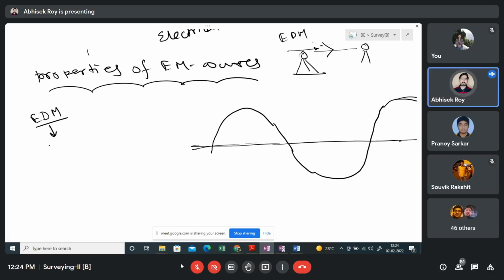So we have to know the properties of electromagnetic waves before we go into the detailed discussion of electronic distance measurement. Although all of you know the basic properties, if we represent any wave in a sinusoidal pattern, we can mark points like A, B, C, D, E, F. Here A and E are identical points, because in A it is moving in this direction, and in E also it is moving in this direction.